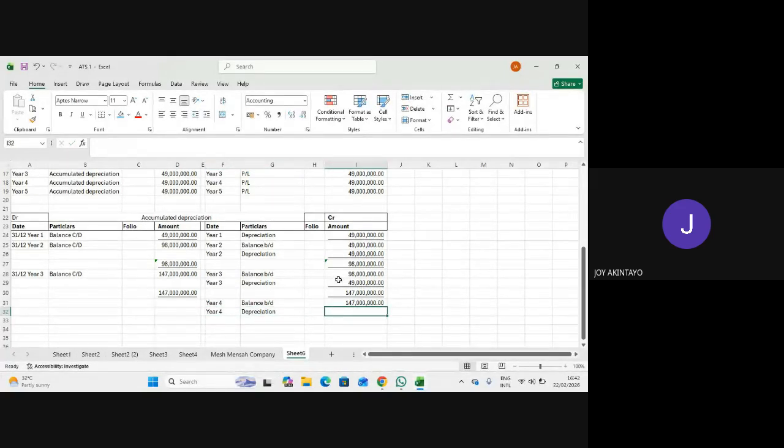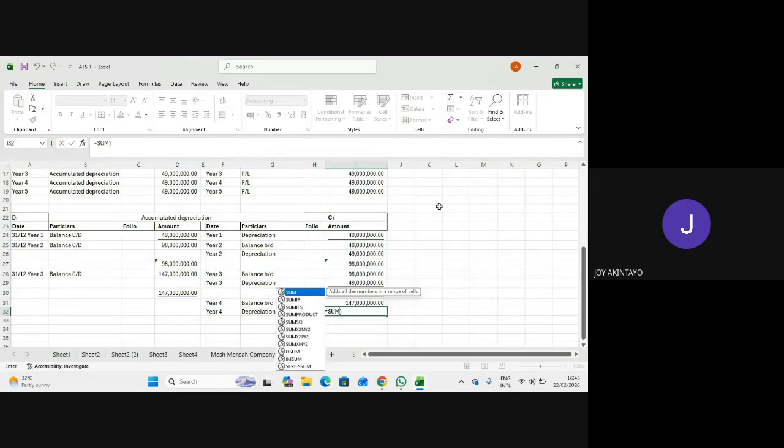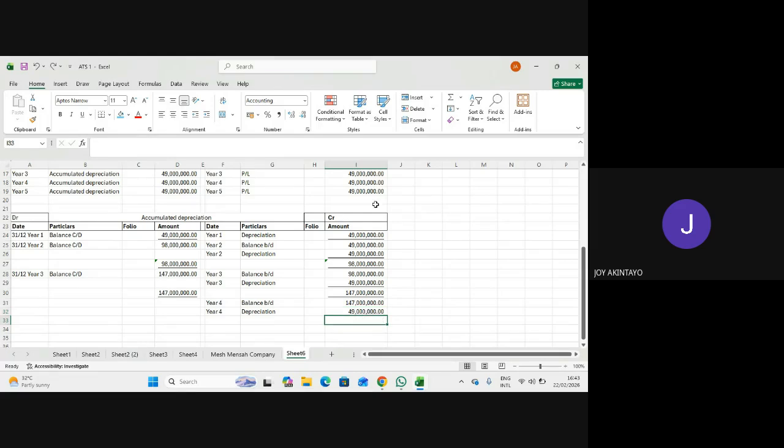So you add, we are adding. I hope you are getting it. Are you getting it? And you know how to prepare the ledger in your book.